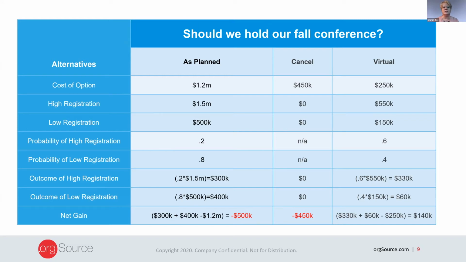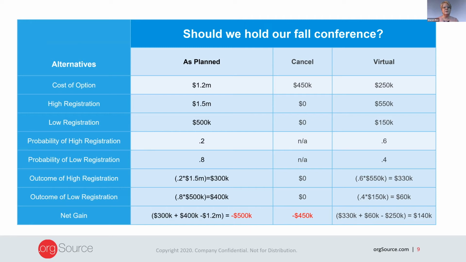Low registration, you can see, is essentially that I get only about 1/3 of my registration revenue. So I have about 1/3 of the attendees. If that 1.5 million represents, let's say, 1,500 attendees, then in this case, I might be only looking at 500 attendees at the conference. So I set a high mark and I set a low mark.